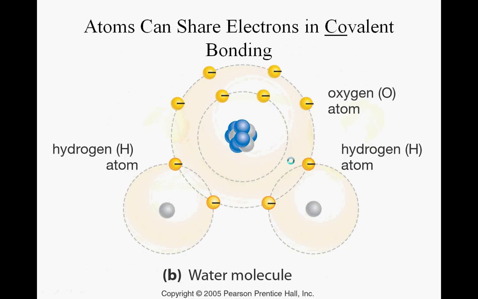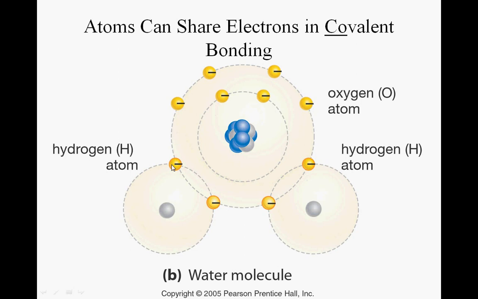Atoms can actually share electrons in another case called covalent bonding. Look at the prefix co, like cooperation. They're working together. So in the case of water, we have covalent bonding. We have oxygen that actually has 6 electrons in its valence level, and hydrogen that only has 1. Well, if they come together, an oxygen can covalently bond with 2 hydrogen atoms and form the molecule water.